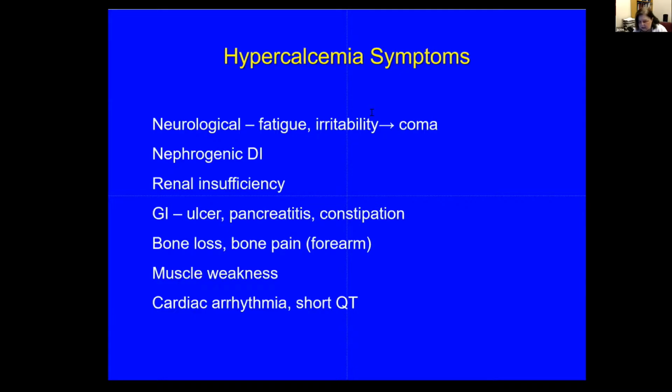They frequently complain of bone pain, and when we measure bone density, it shows bone loss. They complain of muscle weakness, and they can present with cardiac arrhythmia. And the higher the calcium, the shorter the QT interval. So I like to have EKGs on patients when I am consulted for hypercalcemia.